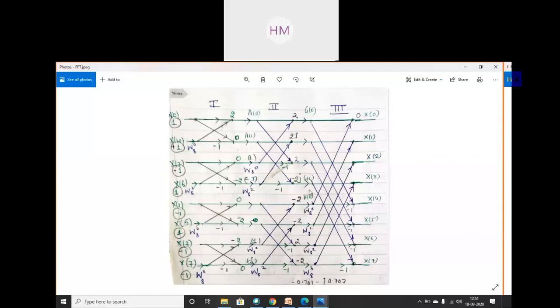Output of second stage is my G0 and H0. ऊपर वाली वैल्यू G0 से G3 है और H0 से H3 नीचे वाली वैल्यूज है. ऊपर यहाँ A0, A1 है, नीचे इसमें B0, B1, C and D, 4 variables I am using. Nothing you have to worry. You can directly find out the FFT.